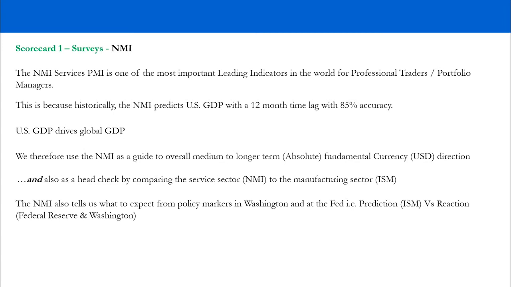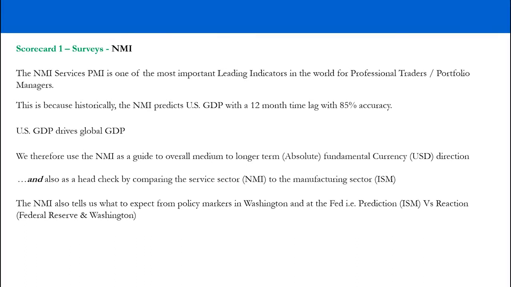So again, with ISM non-manufacturing, we're using leading indicators to predict coincident indicators, what's happening in the economy right now with inflation, jobs, and GDP, and we're looking at predicting what the reaction is going to be from the Federal Reserve, the central bank, and Washington.